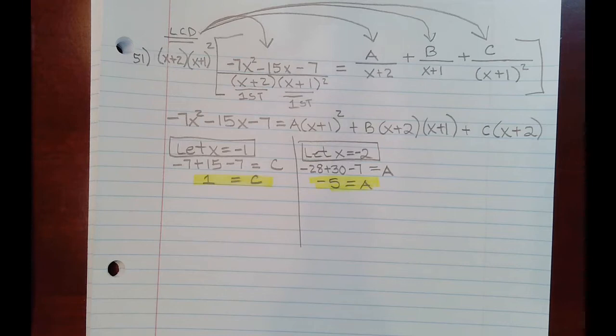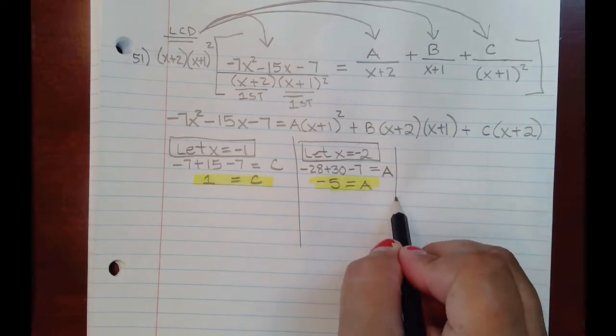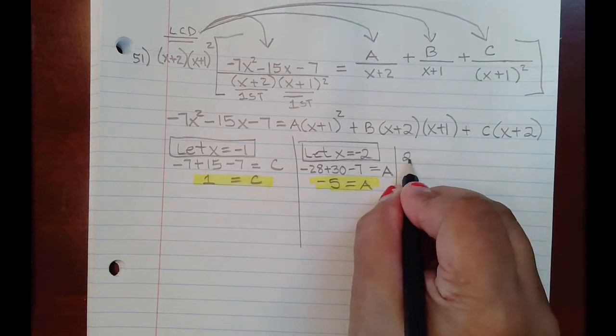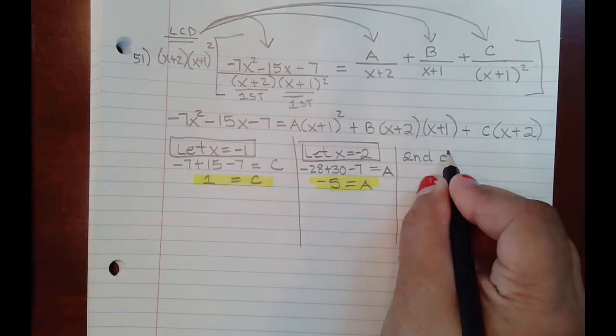Now you can either compare constants, you can compare first degree terms, you can compare second degree terms, just as long as they're like terms on each side. We're ultimately going to move to comparing the coefficients. So I'm going to start by comparing second degree terms on both sides.